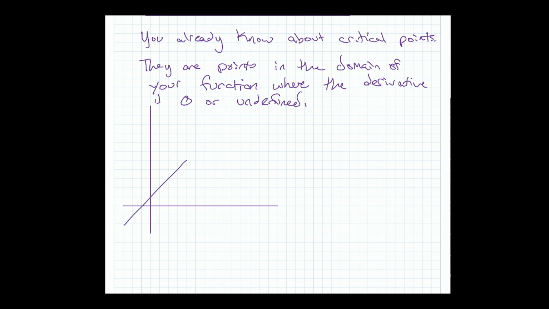So like if I draw a graph like this, there's a graph, then there's two critical points on this graph. There's one right here, and then there's one right here, right? That's going to be 0 equals f prime x, critical point.